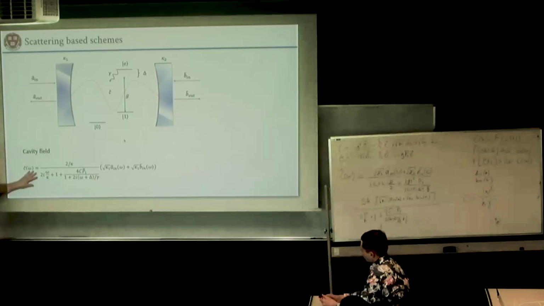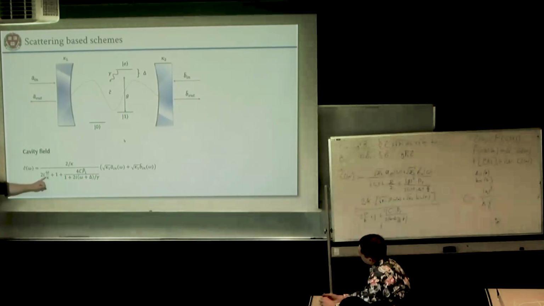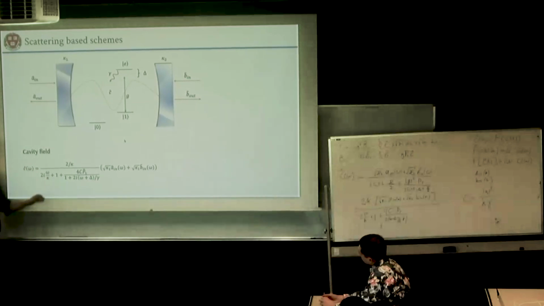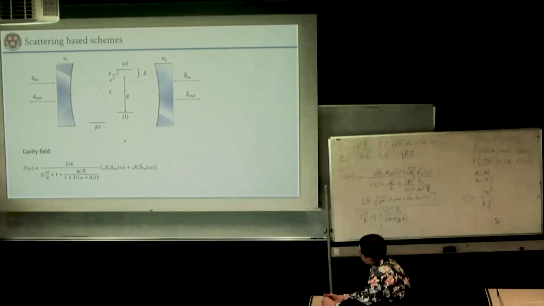That intuitively makes sense, because what is omega actually? What I said was in a rotating frame with the cavity frequency. So if I put omega to be 0, I'm on resonance. This is basically the relative frequency compared to your cavity resonance. Omega of 0 means I'm exactly on resonance. When I start to be off resonant, as you know, if I'm coming to a cavity and I'm very off resonant, I'm going to be completely reflected.